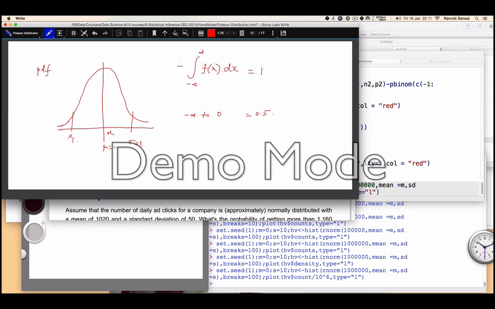What is the probability that the value is less than or equal to x1? What are the chances that the value I get out of this distribution randomly will be less than or equal to x1?